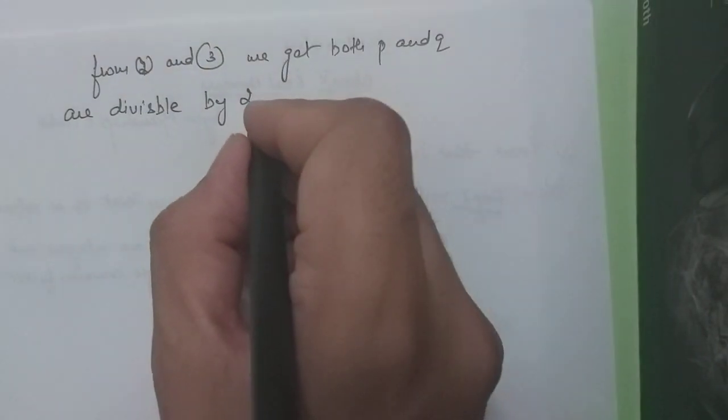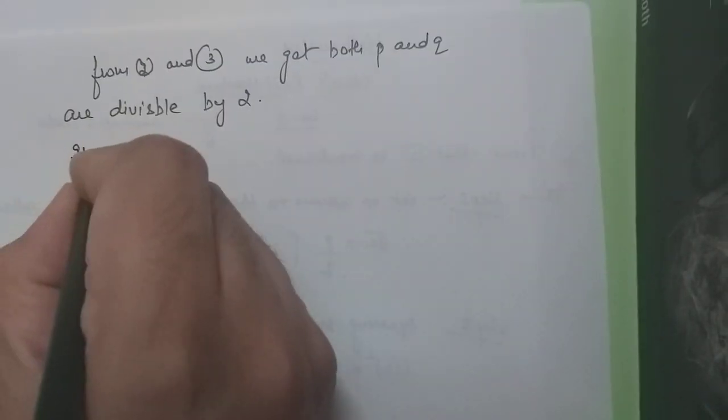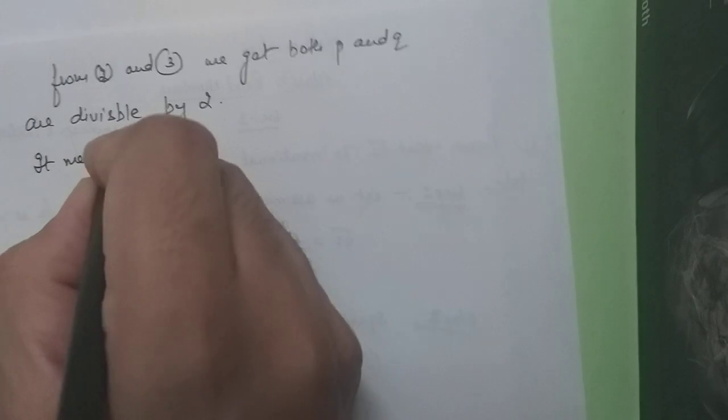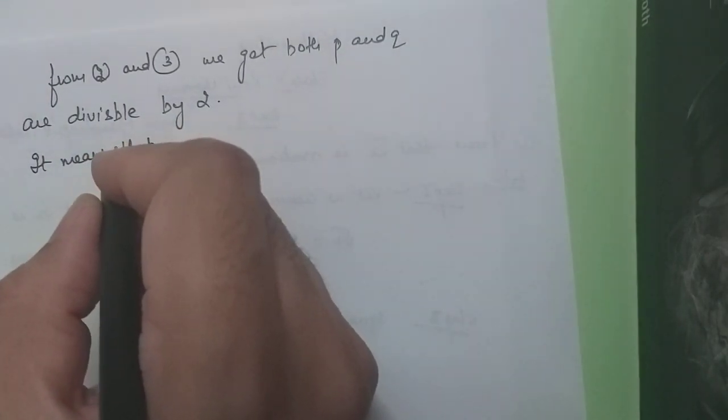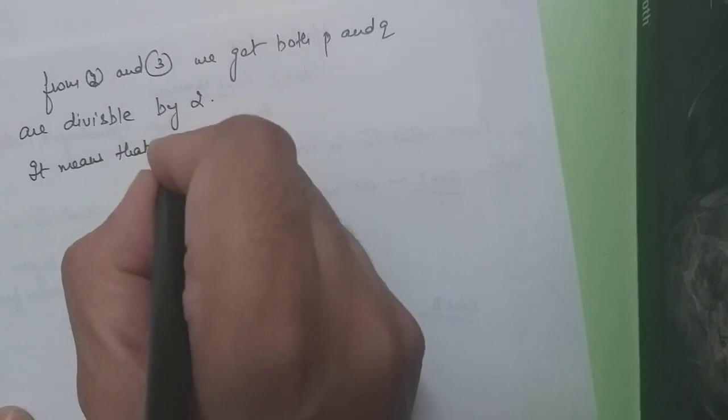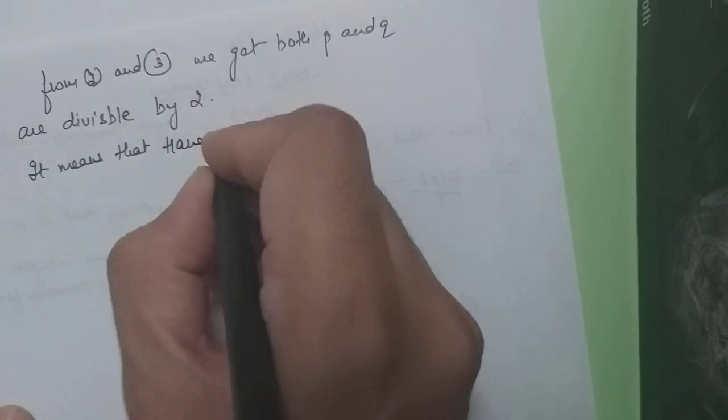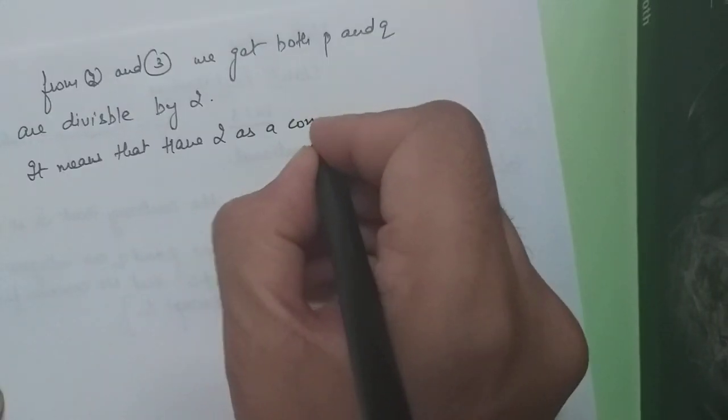Clear? If they are divisible by 2, it means that they have 2 as a common factor.